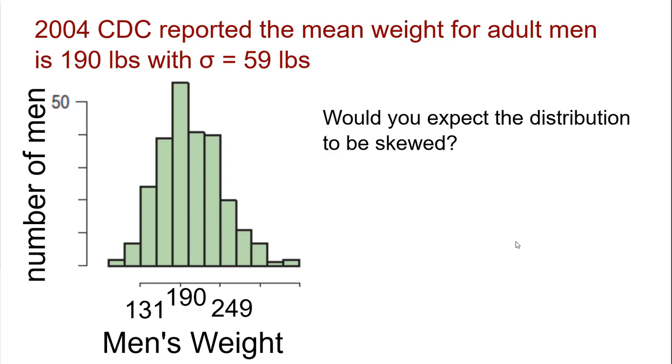That's okay. And then 59 pounds is a standard deviation. So that means within one standard deviation, we'd expect 68% of men to be anywhere between 131 pounds, which is definitely on the low end, and 249 pounds. So as a fully grown adult male, can you really be much less than 131 pounds?